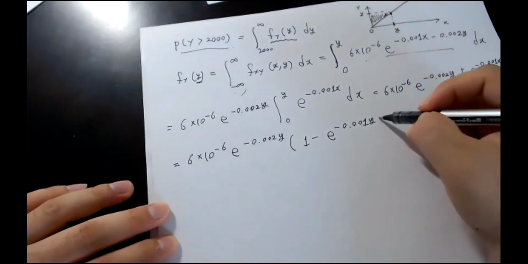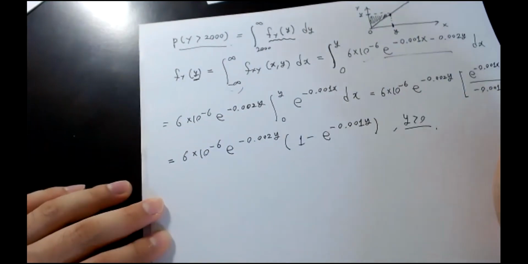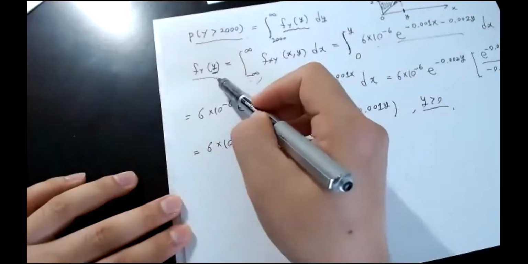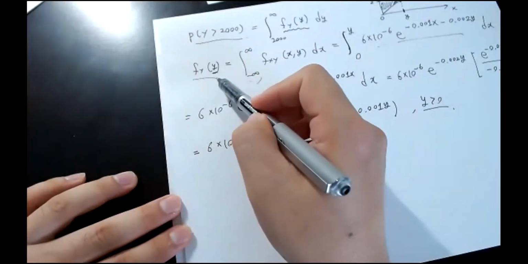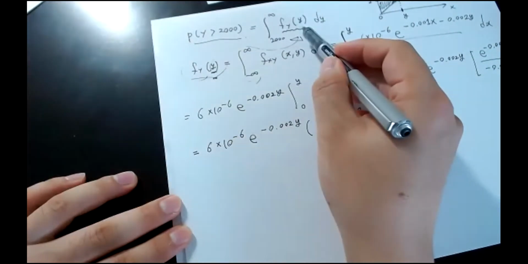Let's keep in mind that y is greater than 0. Once we have the marginal PDF of y, we plug it into the integrand.